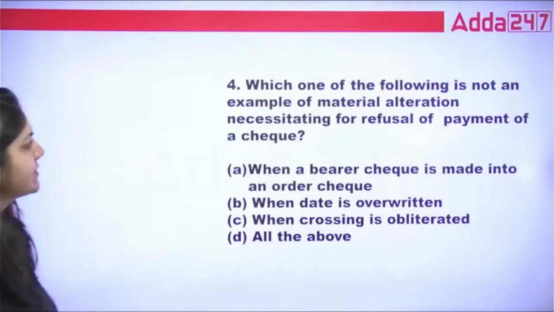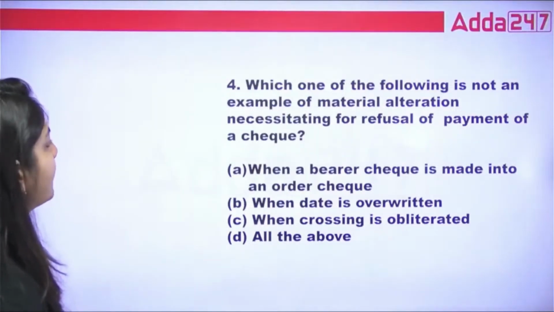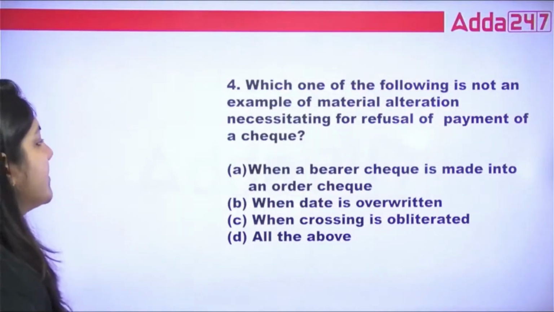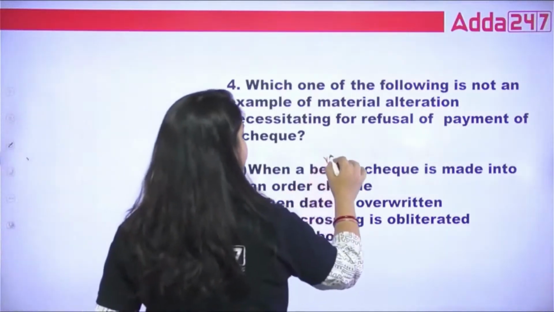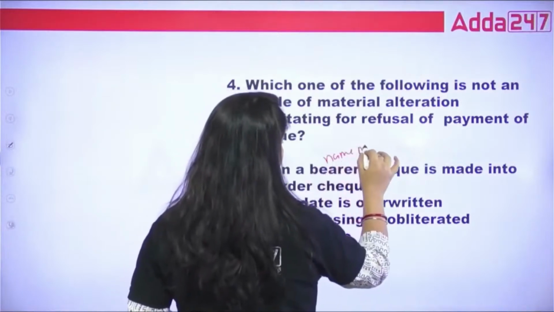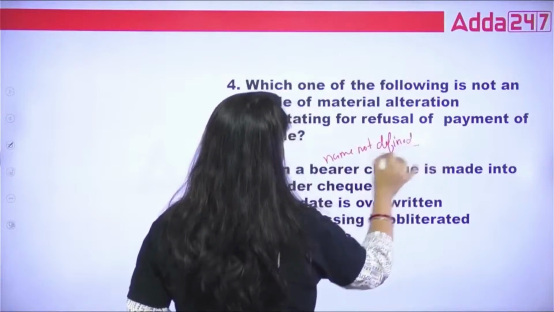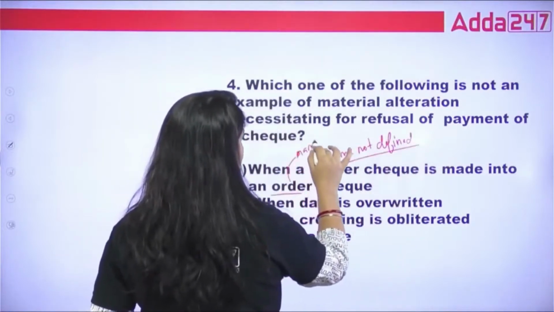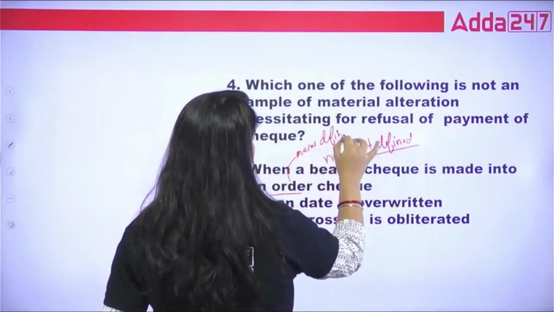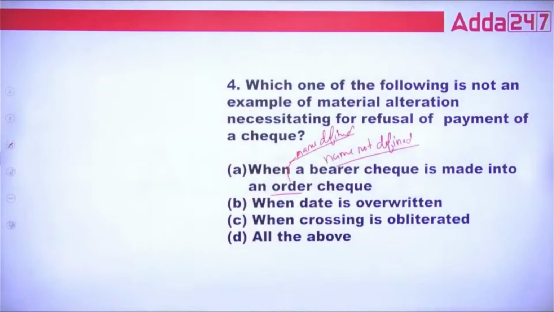Which of the following is not an example of material alteration necessitating refusal of payment of a check? When the bearer check is made into an order check, when the date is overwritten, when the crossing is obliterated. Tell me, class.